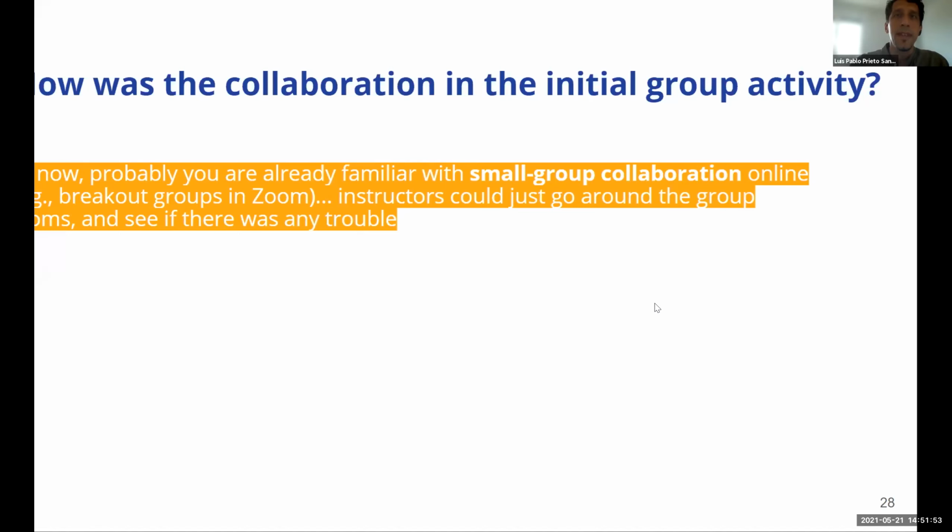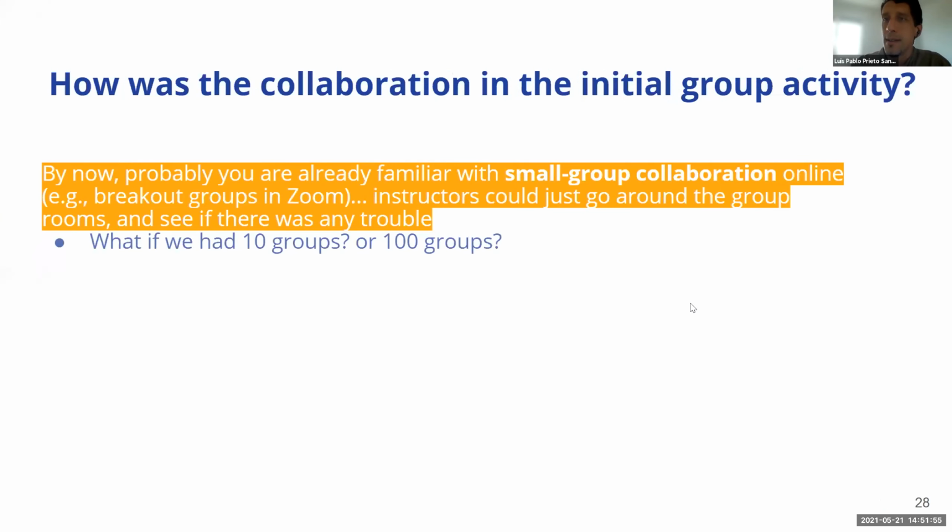The other part of the data that we gathered during this session is what happened at the beginning, like this small group collaboration. So far, probably you've experienced that in Zoom quite a few times. The instructors go around the groups and try to see if there is any trouble, as I did today. But at some point, the instructors run out of time, hands and eyes.